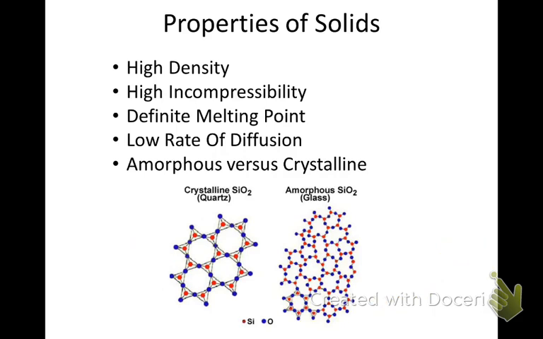Both of these are actually sand, beach sand, but you can see the difference between glass and quartz at the molecular level, and you're probably familiar with the differences in these two substances at the macroscopic level. When you look at glass and quartz, you might not predict that they come from the same substance, or are really the same chemical. So that's something to think about.